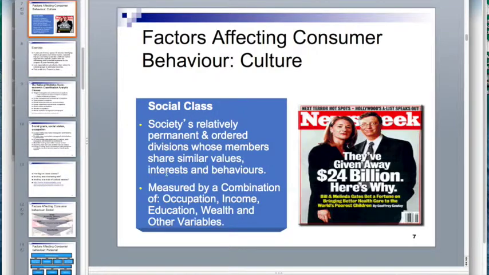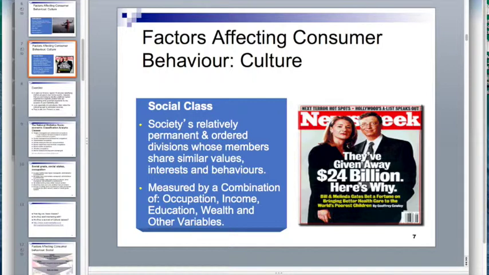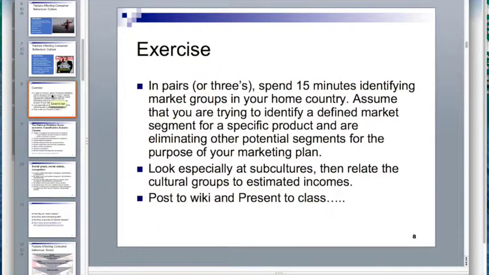So, when we look at this consumer buying behaviour, it is the areas we have covered already. And now it is time for you guys to do a little bit of application.